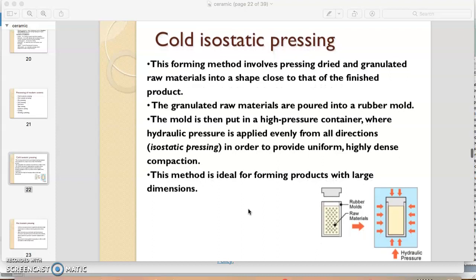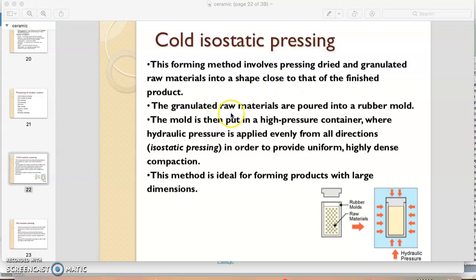In cold isostatic pressing, the forming method involves pressing dry and granulated raw material into a shape close to that of the final product, the finished product.